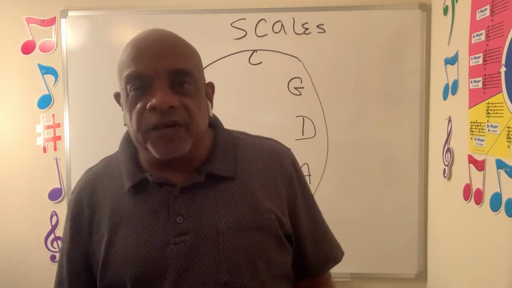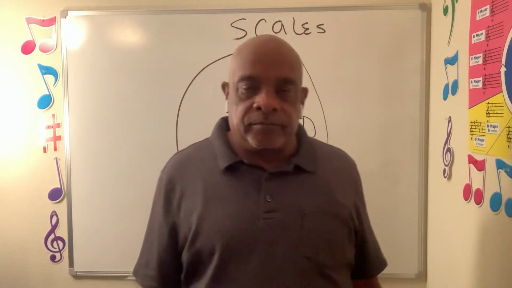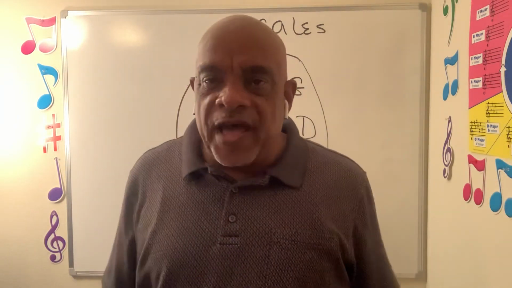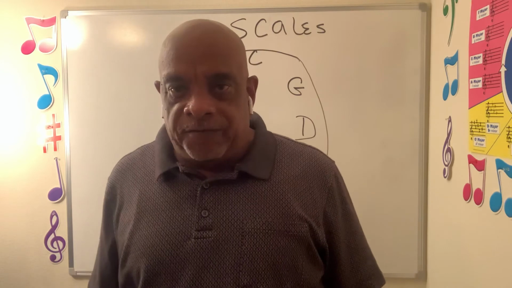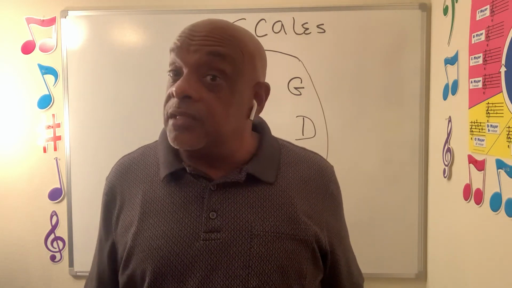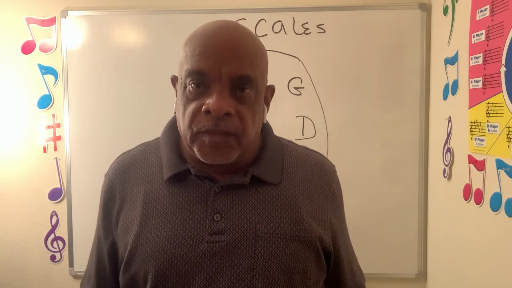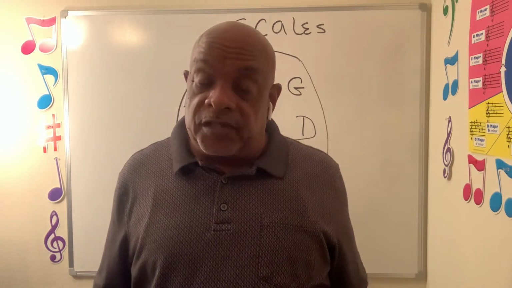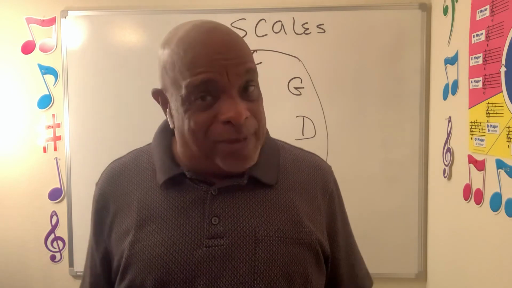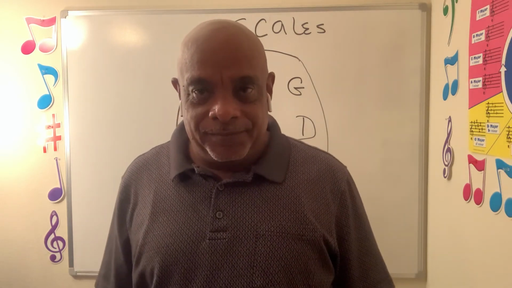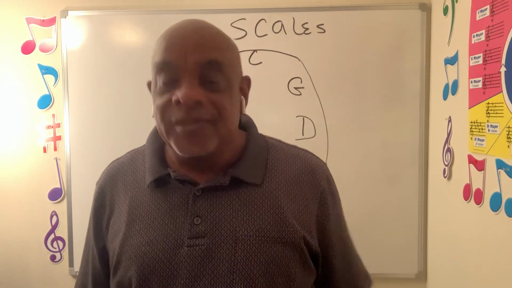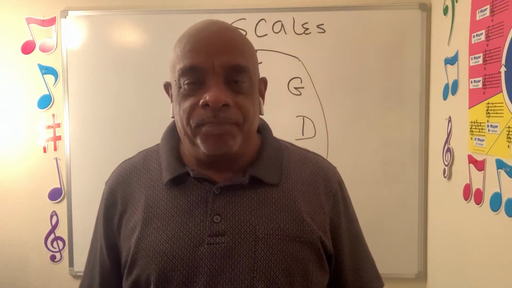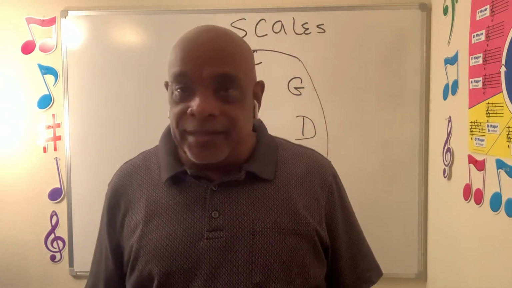What's the 5 of the key of B flat major? The 5 of the key of B flat major is F. So what's the 5 of the key of F major? It's C. And so you're going back again.